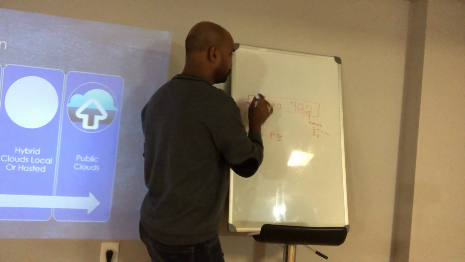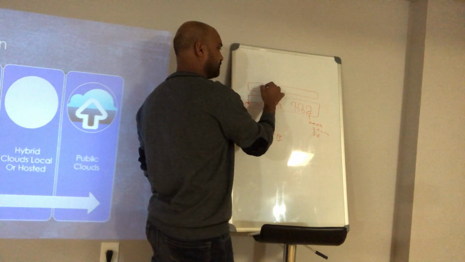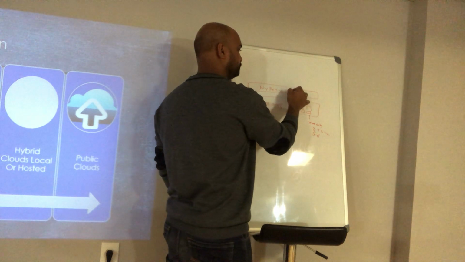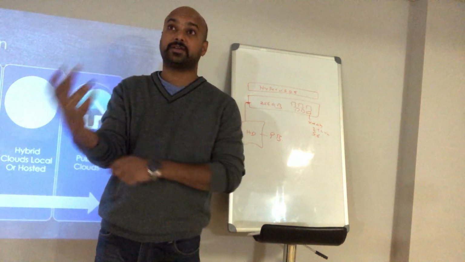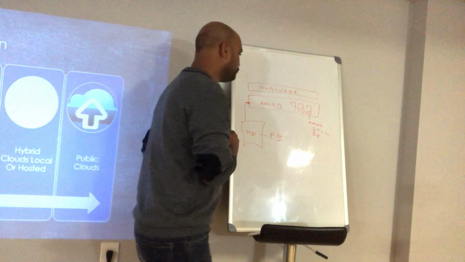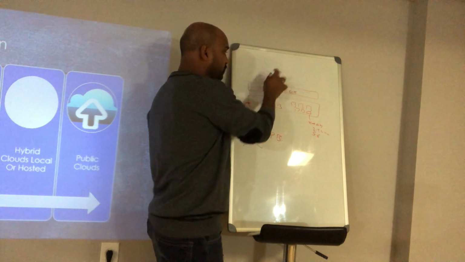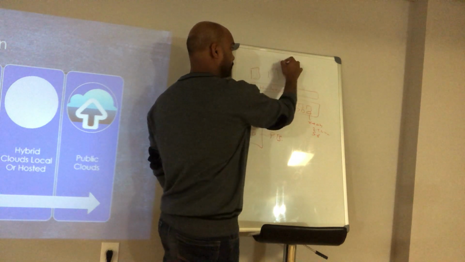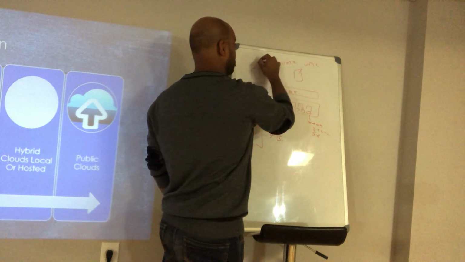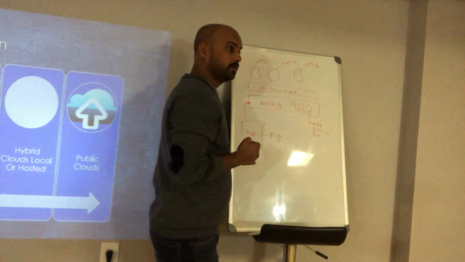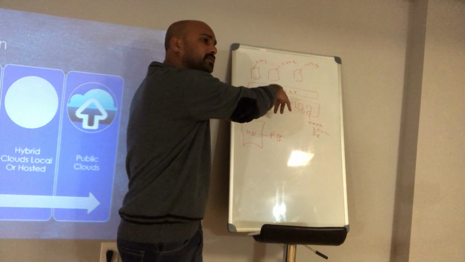On top of this physical box, what you're doing is creating a layer called a hypervisor. Examples are VMware Workstation and Oracle VirtualBox. So you create this hypervisor, and on top of this hypervisor, you create virtual machines, VM1, VM2, VM3, VM4, etc. Traditionally, you get hardware like this and install an operating system.